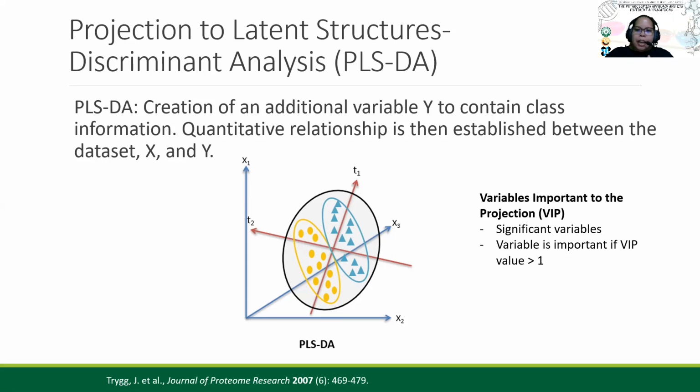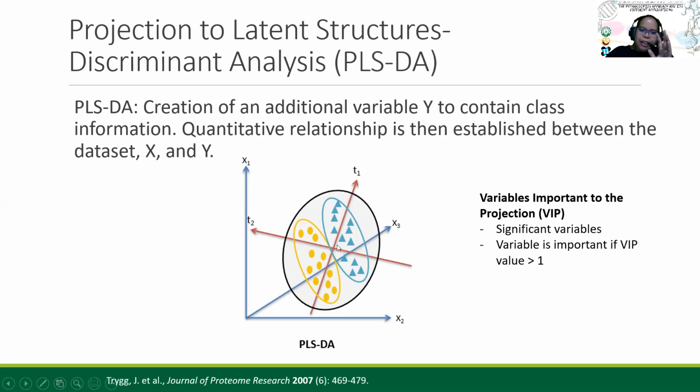Medyo may problema siya if you're dealing with high within class, or kung meron kang malaking amount of variations within your classes, then medyo magulo siya. As you can see, the separation here of your two groups are not clean cut.